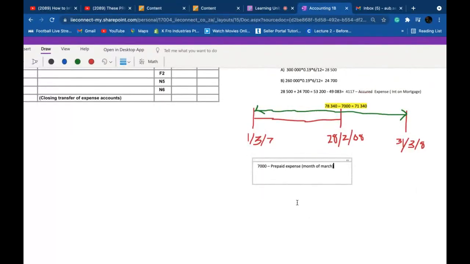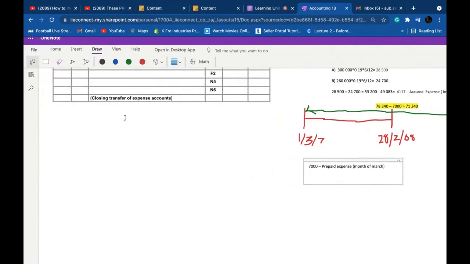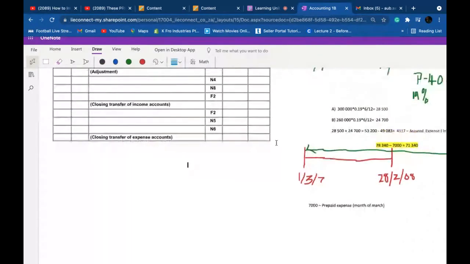So the last one they say: the tenant has been in the building since 1 December 2007 and has paid her rent for March and April already. No deposit was payable upon occupation. Again, we need to quickly do a timeline just to see what exactly is going on here.